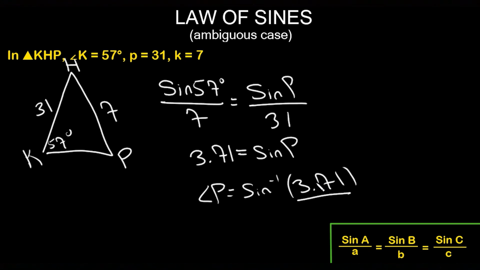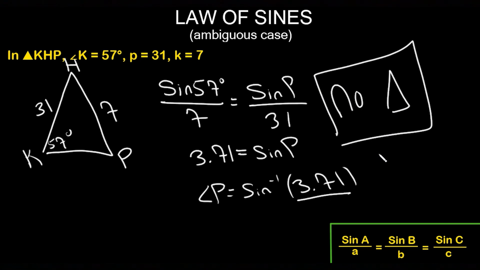This will not work here, okay? So I know that it's going to be undefined. And if you try to plug this into your calculator, you're going to get an answer that says error domain. And essentially that's telling you that, hey, this number is not part of the domain of inverse sine. And as a result, there is no triangle here, right? So this problem here is no triangle. These are easy, okay? So no triangle.